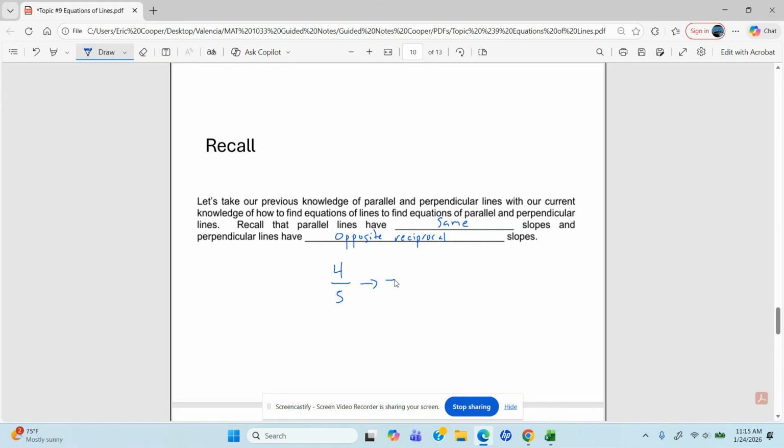So 4/5 would become -5/4, or for example, -6/5 would become +5/6. So we're going to use that to our advantage to be able to write equations.